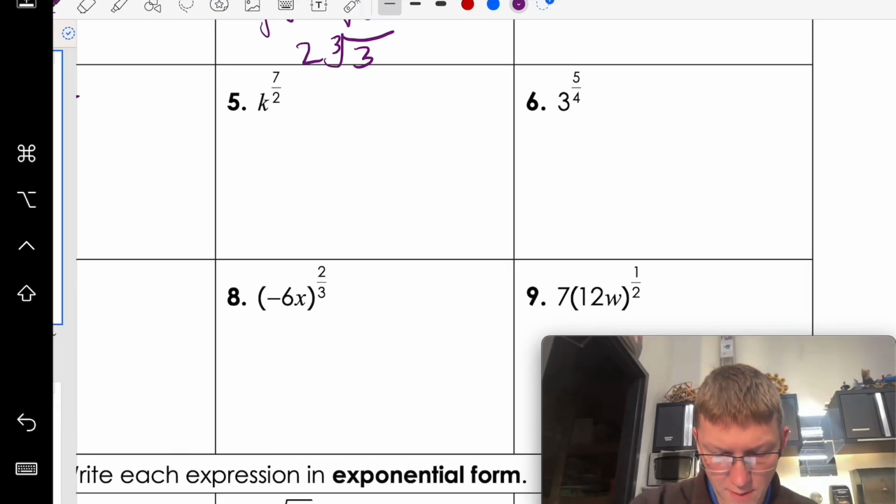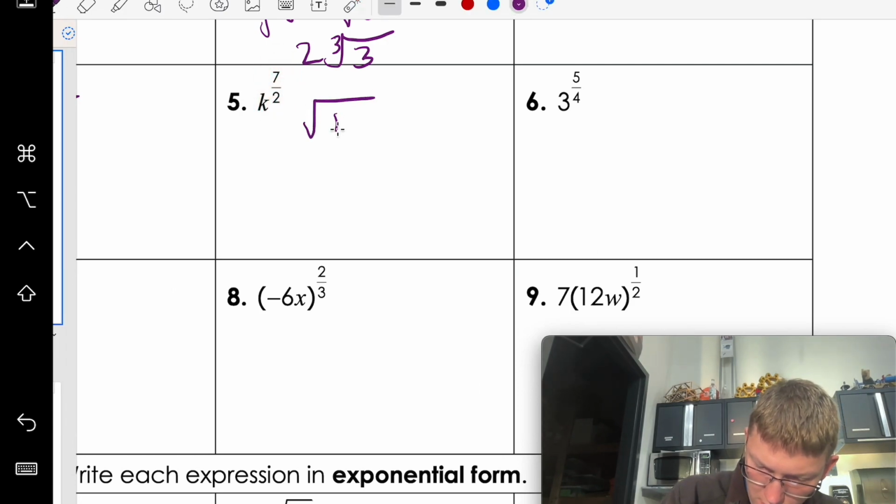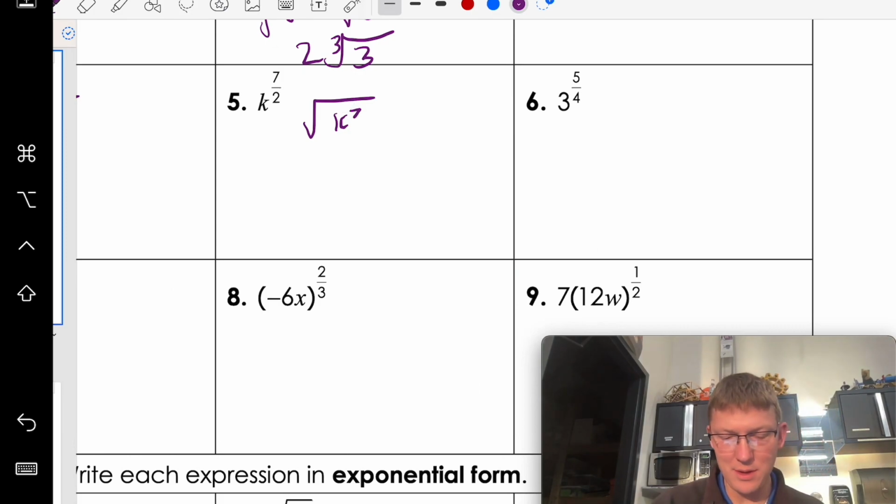Okay, looking at number 5, we have an exponent and a root. If we're going to rewrite that, we're going to do the square root of k to the 7th. You don't necessarily need to write the 2 there. If you do, it's not really wrong, it's just not commonly done.